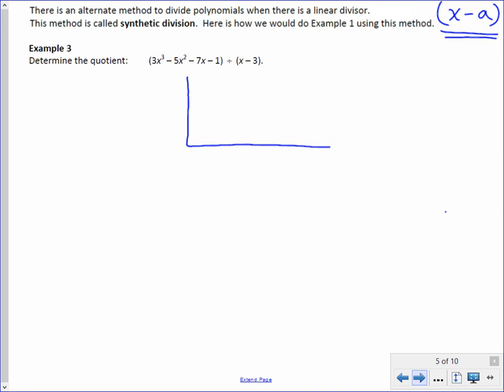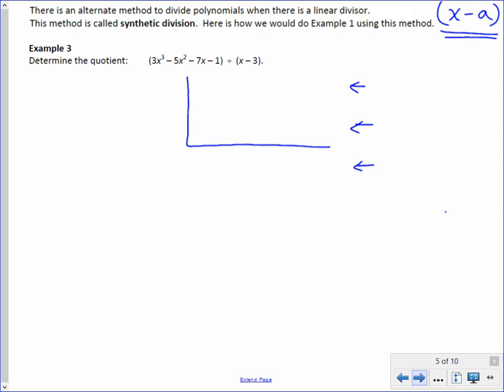Just so you know, the L on your paper is going to take up 3 lines on your lined paper. There's a line here, a line here, a line under the horizontal line. Along the first line, the top of the L shape, inside the L, you're going to write the coefficients of your dividend.